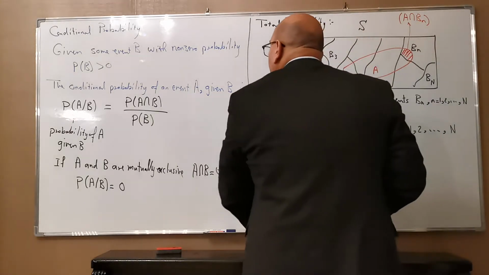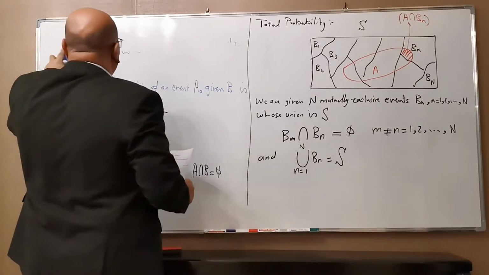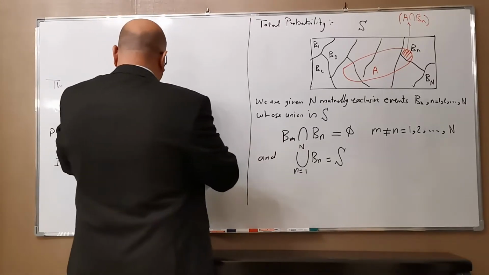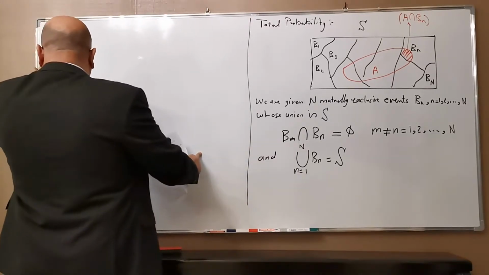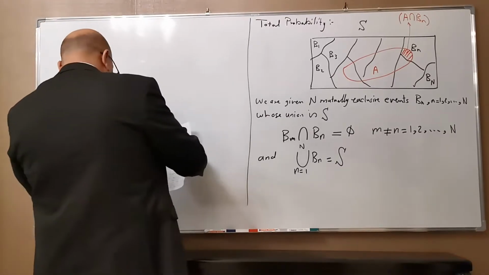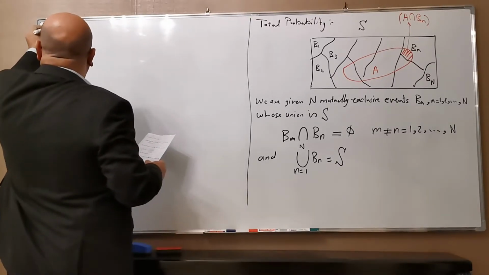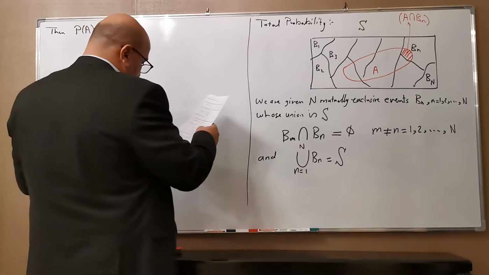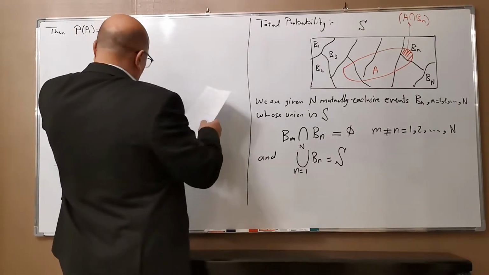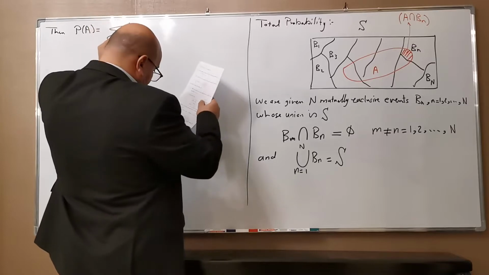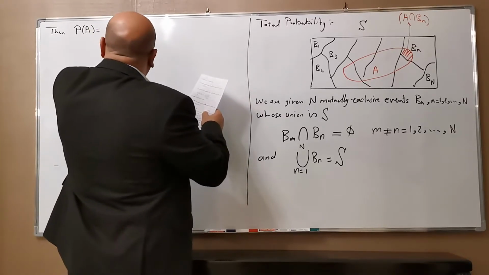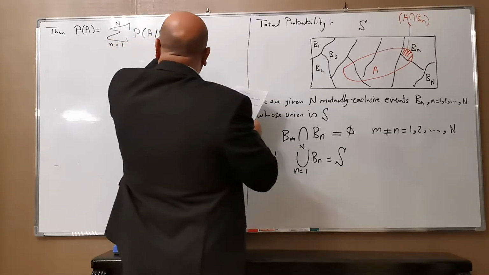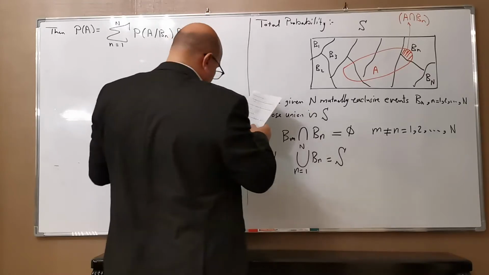If we have this, then what will be the probability of A based on those mutually exclusive sets? Then the probability of A is equal to the summation from n equals 1 up to capital N of the probability of A given B sub n times the probability of B sub n.